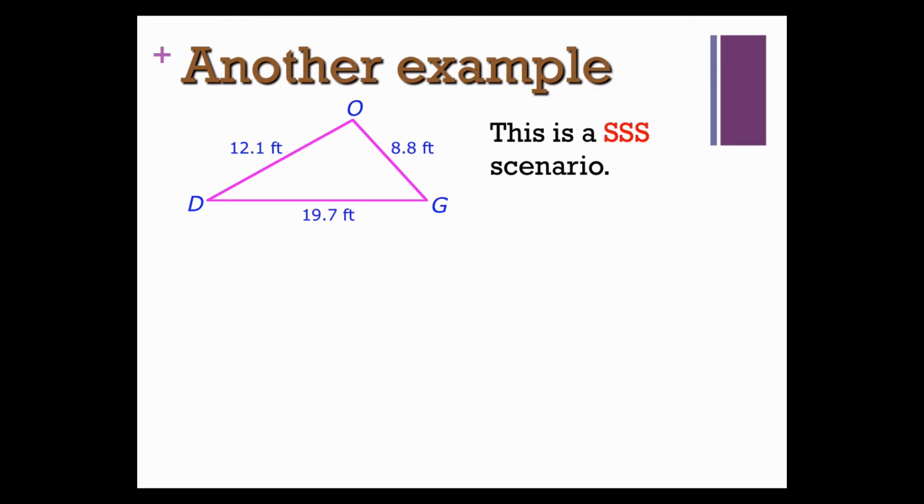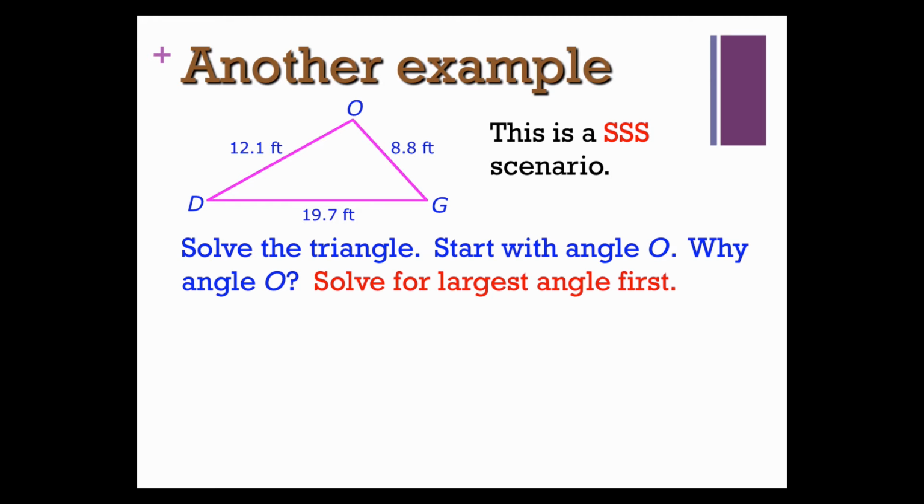The problem is, if all three of them do the calculation, they will get different answers, which can't happen. There's only one possible triangle here that has this scenario. So in a side, side, side scenario, you have to remember this: always solve for the largest angle first.